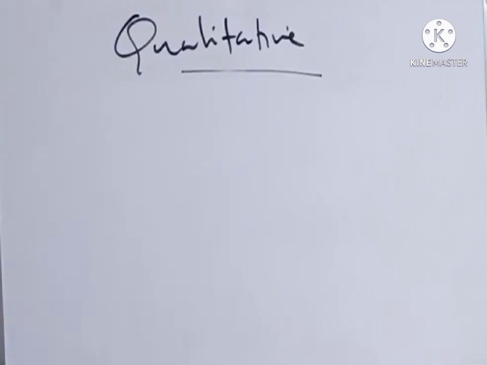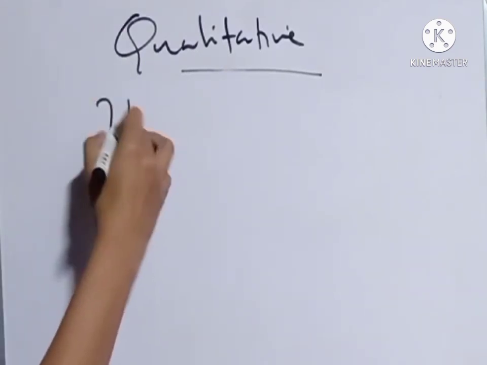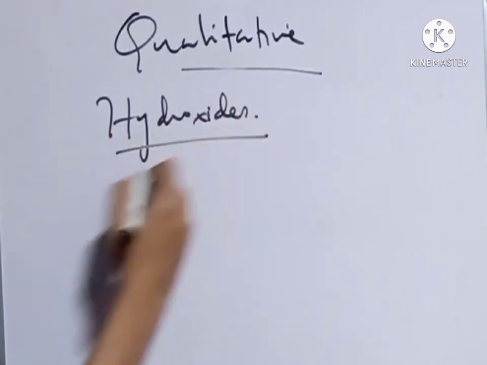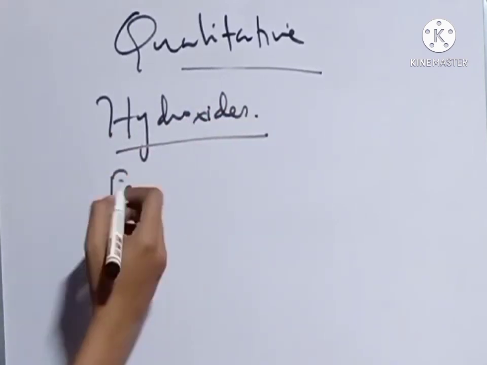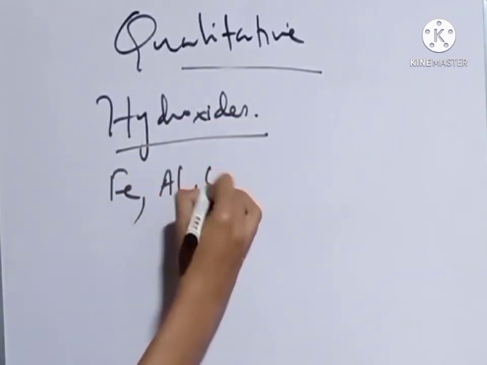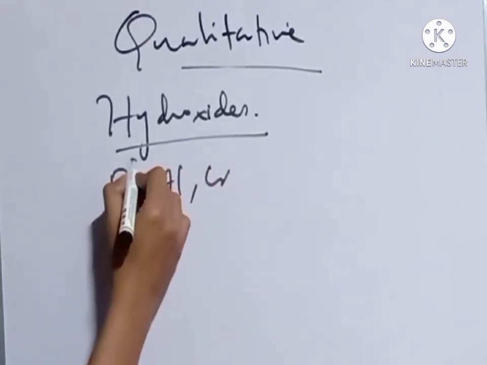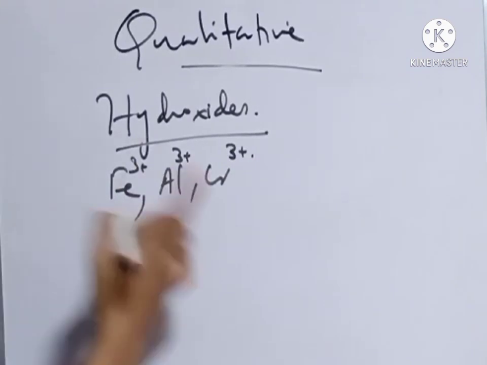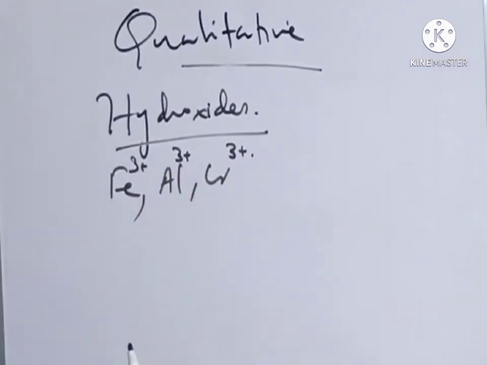Some other metals are precipitated as their hydroxides. For example, iron, aluminium, chromium, etc. Fe3+, Al3+, Cr3+ are precipitated as their hydroxides.